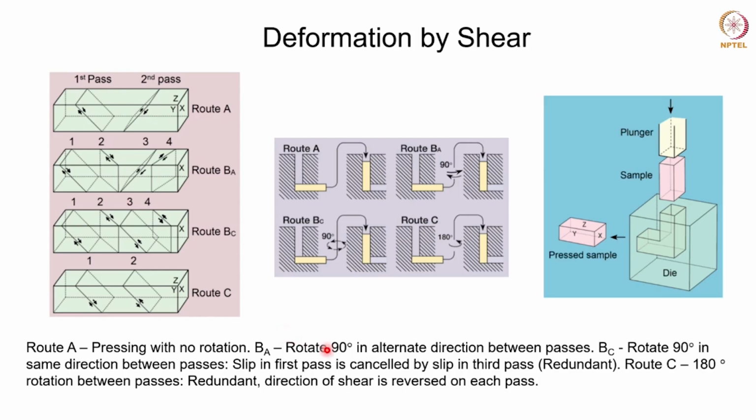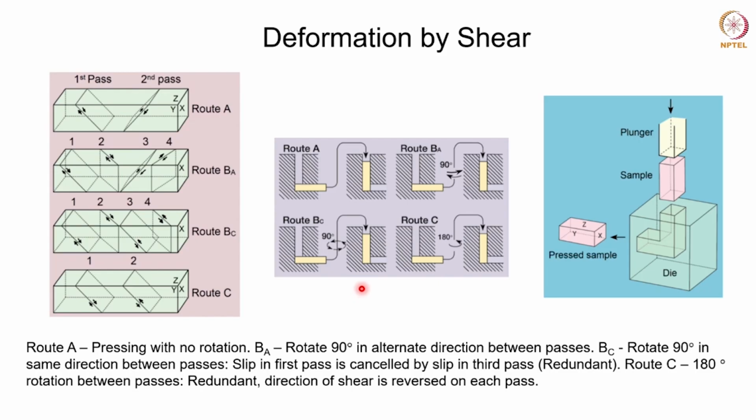The billet or workpiece is deformed through a number of passes. You can say that it is a multi-pass process, for you to obtain a large amount of deformation in the material.